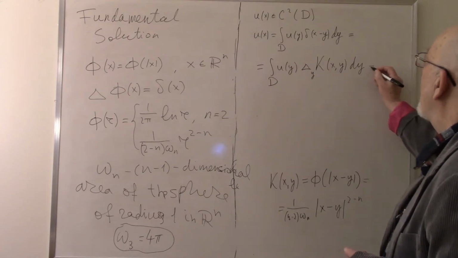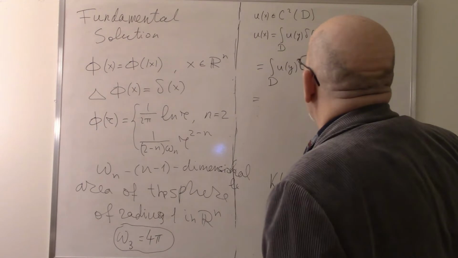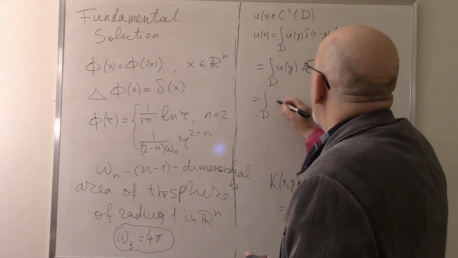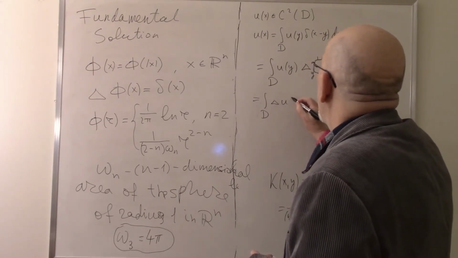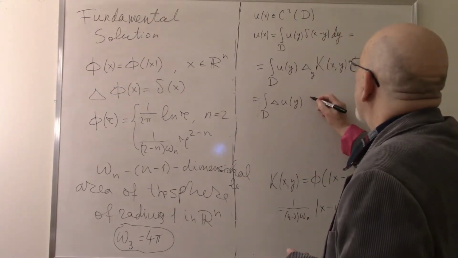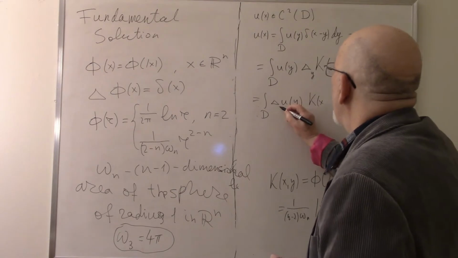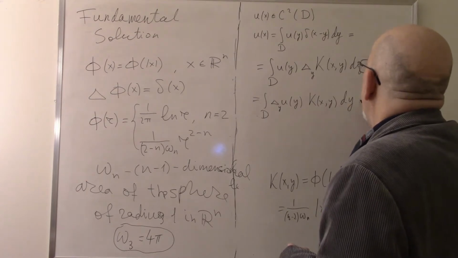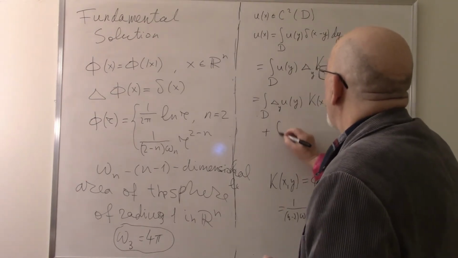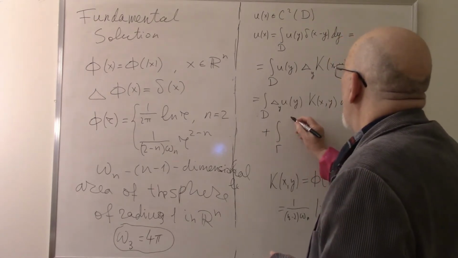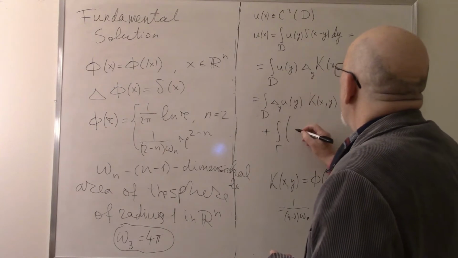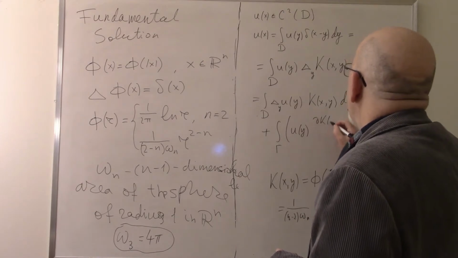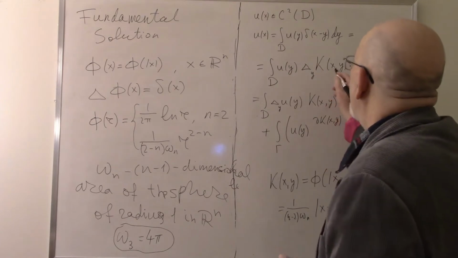Now let us apply Green's identity. It is the integral over D of delta u of y, k of xy dy, plus the integral over gamma of u of y dk of xy over dn at the point y, minus k of xy du over dn of y, ds also at the point y. Here x is just a parameter, it does not change.